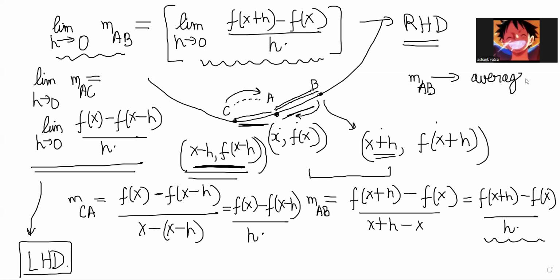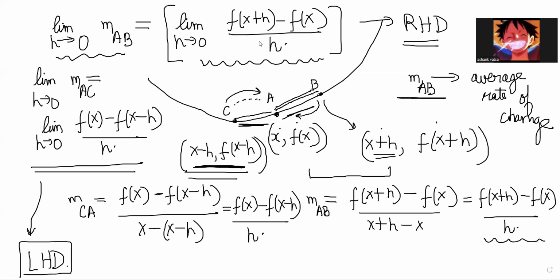Average rate of change, right? Yes. So if you take the limit of h tends to 0 on the slope, then that average becomes an instantaneous rate of change, right? Yes. For now, don't worry about how we'll calculate it. We'll do some examples, but you need to get this concept clear, what we are doing.